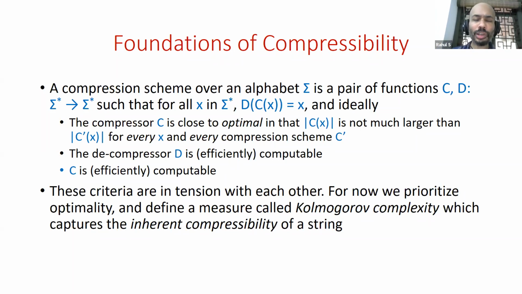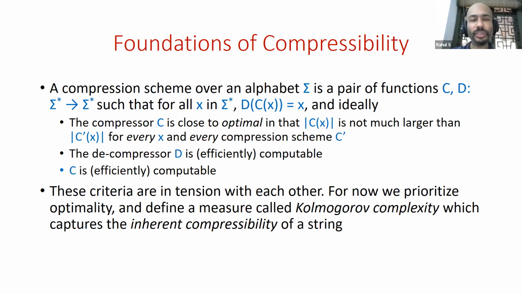Ideally, we'd also like computability or complexity constraints on the compressor and the decompressor. We certainly won't be able to recover the original data easily. So we can impose the requirement that the decompressor D is computable, or even more, efficiently computable, say in polynomial time. And ideally, we'd like C to be computable as well, efficiently computable.